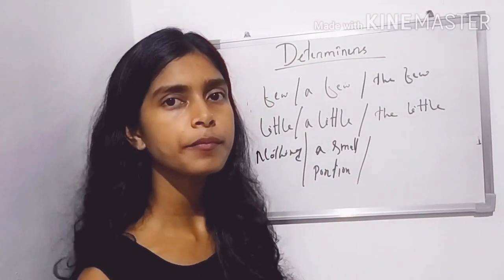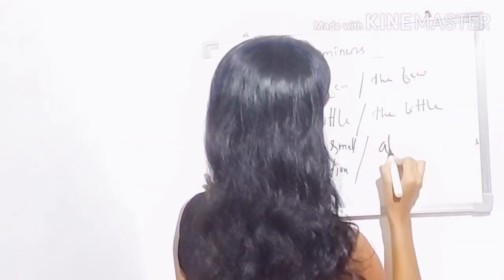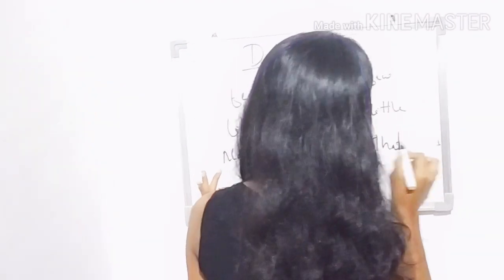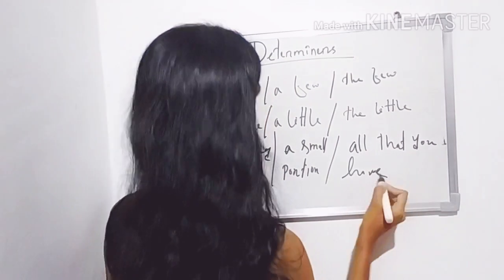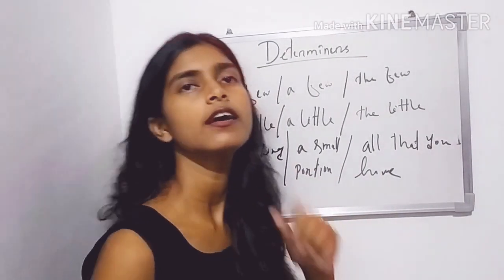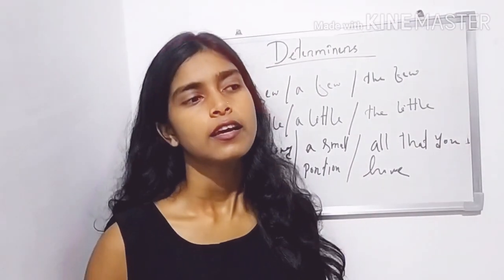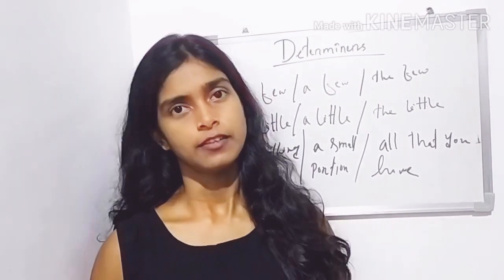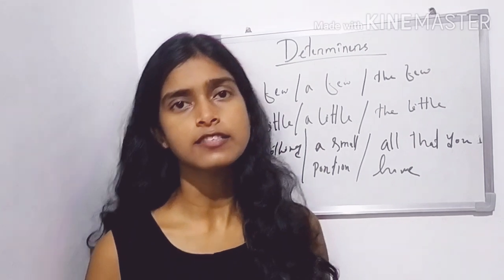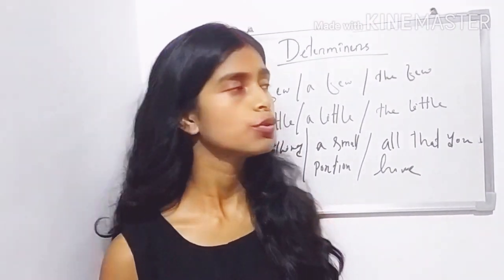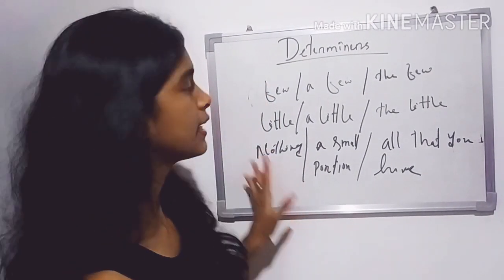The few, the little means all that you have, or had. We use few or little in a sense that, I am very busy, so that is why I have few time to waste. A busy person doesn't have time to waste, right? So in that case we will use few.